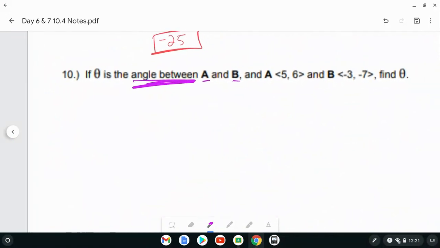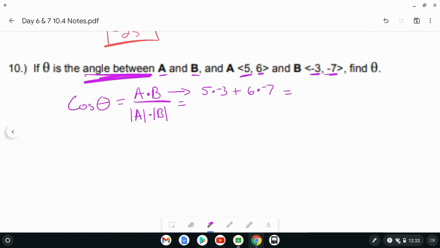Cosine of theta equals A dot B over magnitude of A times the magnitude of B. So again, if we did the dot product for those two right here, that would be the horizontal component of A, which is 5, times the horizontal component of B, which is 3, plus the vertical component of A times the vertical component of B. So the numerator is just going to be -15 plus -42.